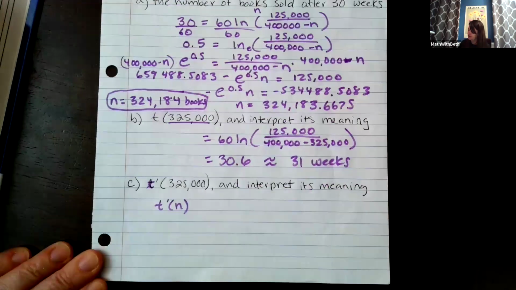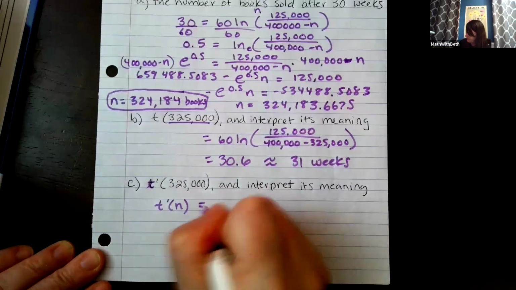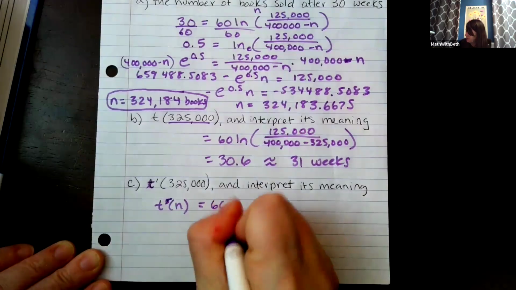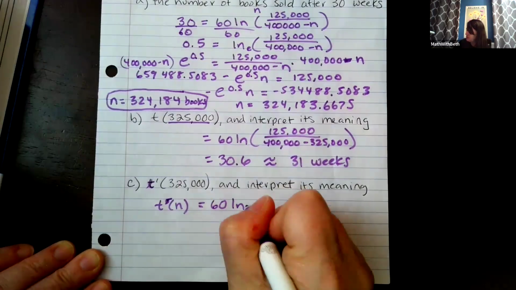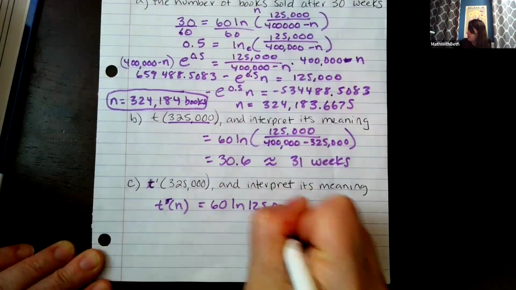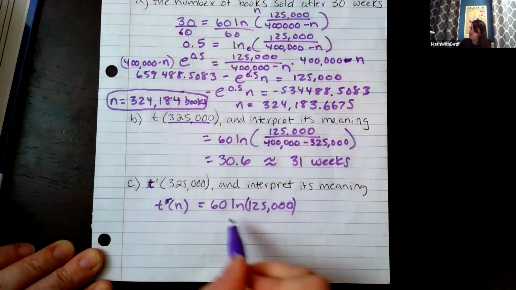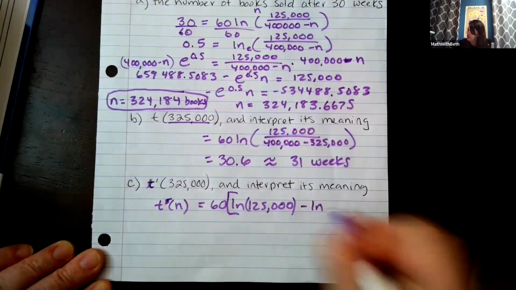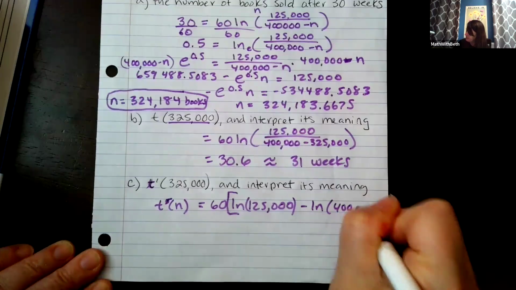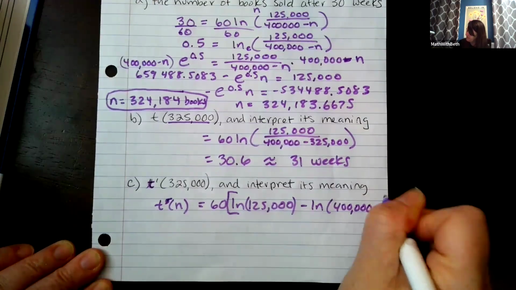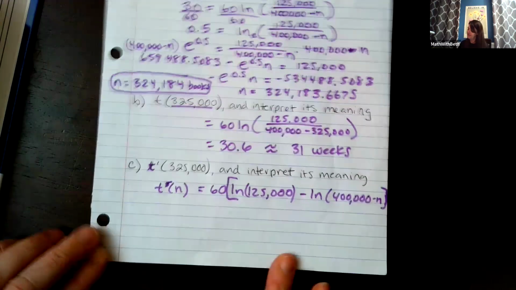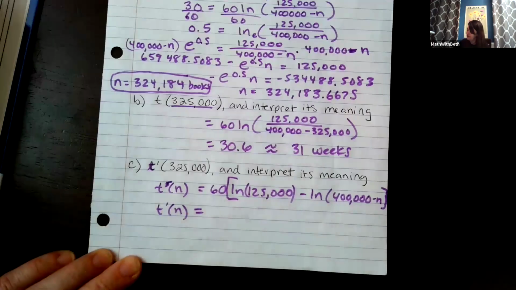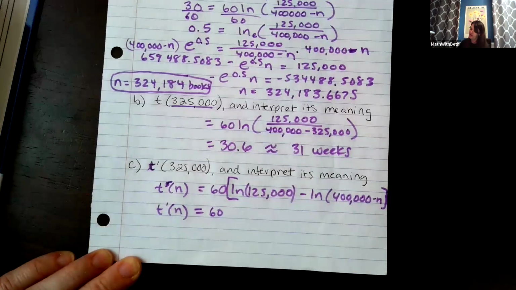for T prime. So the first thing I'm going to do before I even do the derivative is I'm going to rewrite the problem because again, we can use the log rules to separate this into ln 125,000 minus ln of the 400,000 minus n. So this is just me rewriting it. And now to take the derivative, the 60 will be out front.